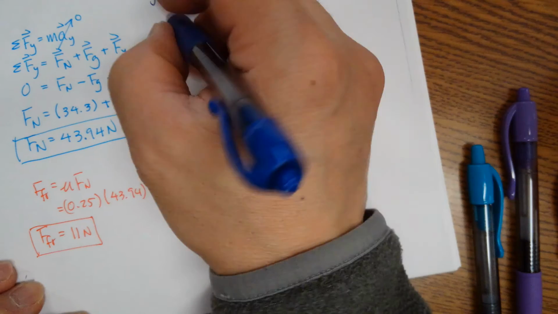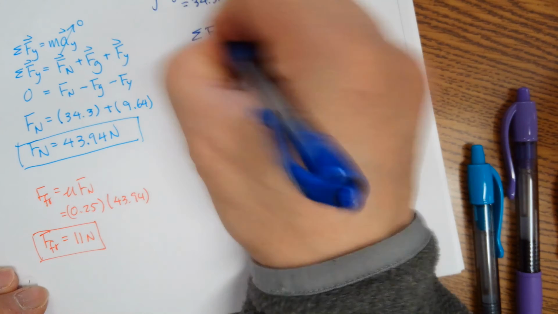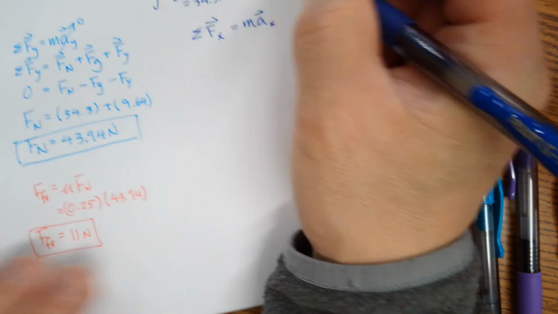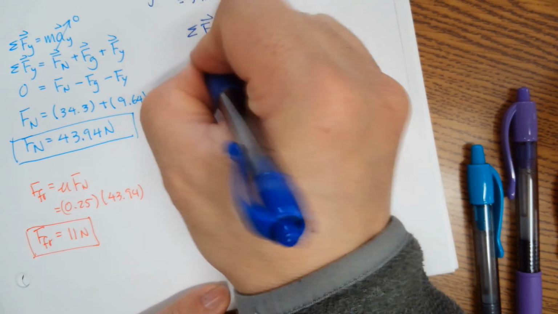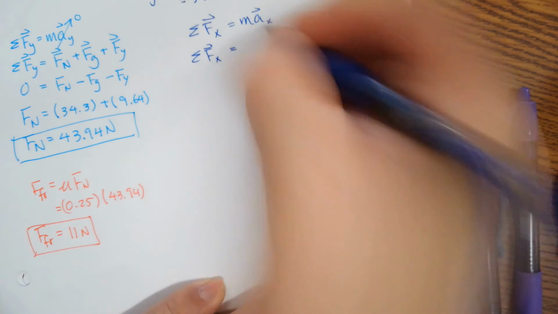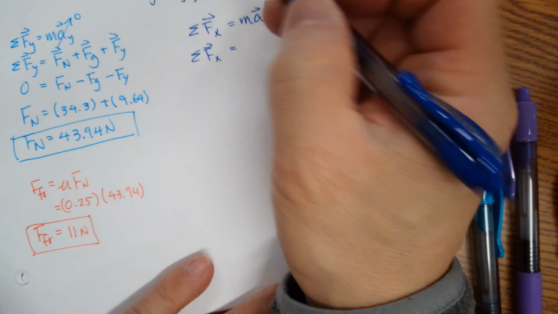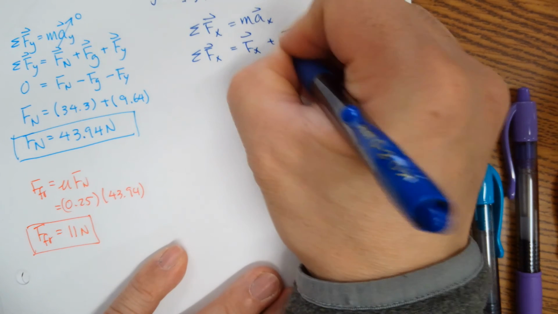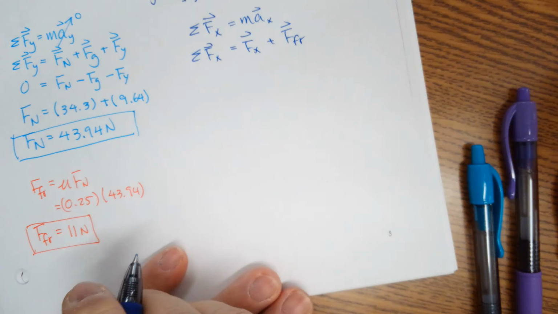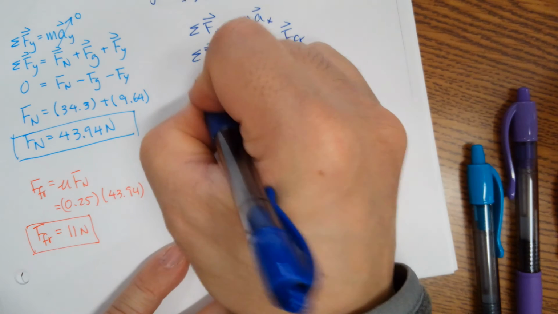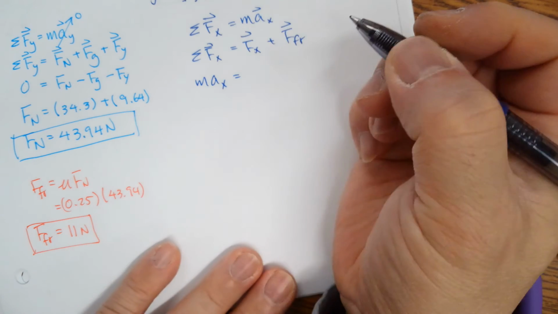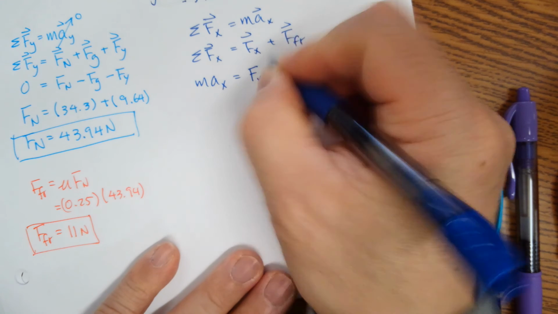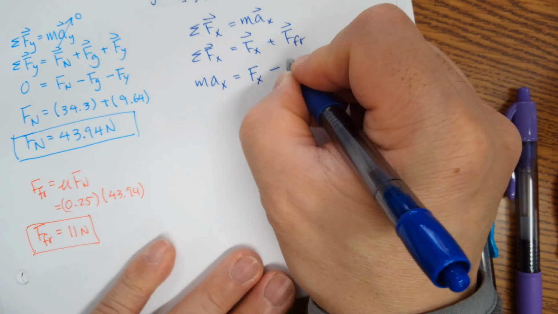Now let's take a look at all the forces in the x. So sum of all forces in the x direction is equal to max, and sum of all forces in the x direction, it looks like I have two forces. I have Fx plus friction. So max is equal to Fx, I'm going to keep that positive, Fx positive minus friction.